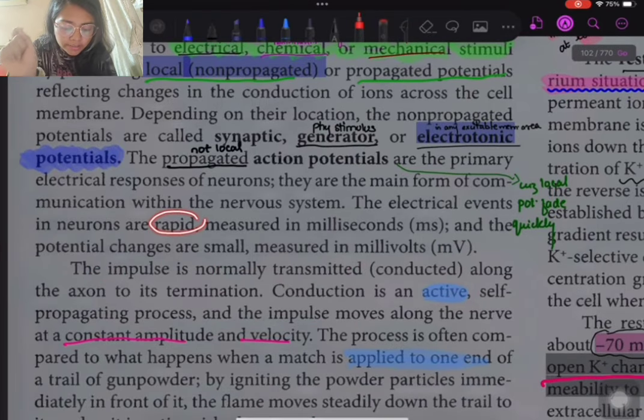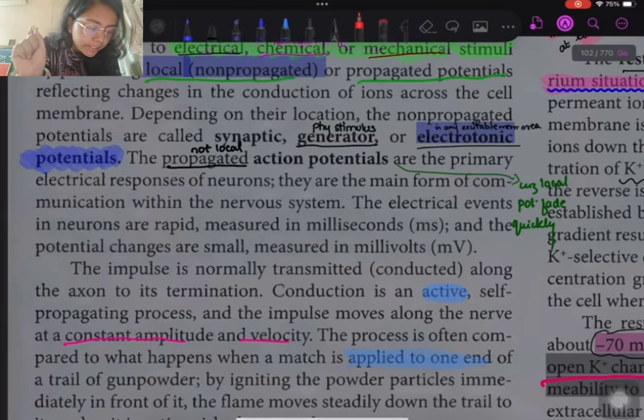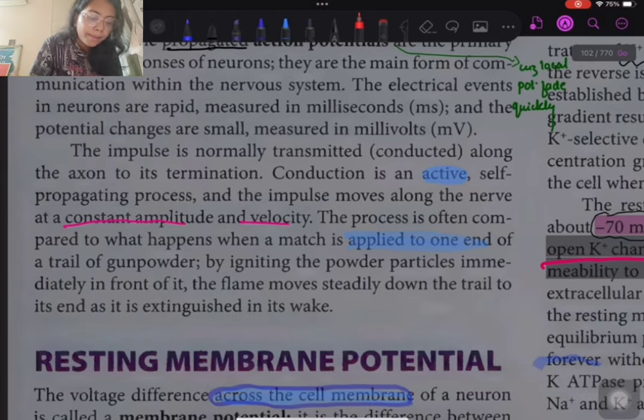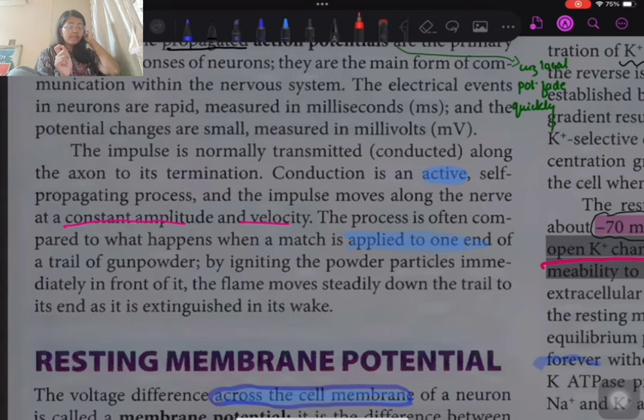The electrical events in neurons are rapid, measured in milliseconds, and potential changes are small, measured in millivolts. The impulse is normally transmitted along the axon to its termination. Conduction is active, as I had said, they are not like telephone wires. At every point something is happening along the axon.